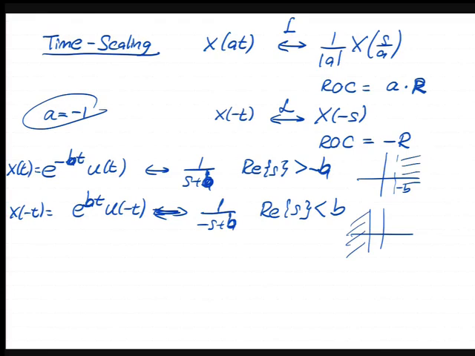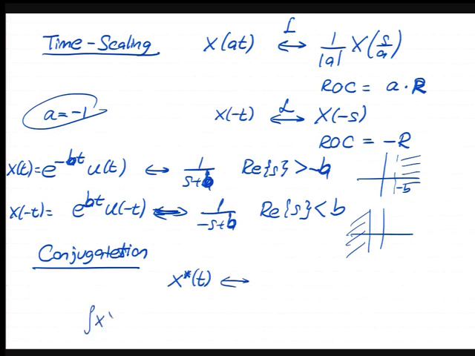So, conjugation. We had properties like this for Fourier transforms, so it's good to revisit them. Conjugation: so x star of t, what will that give me? Let's actually do this. This is less obvious, but also easy to derive, right?